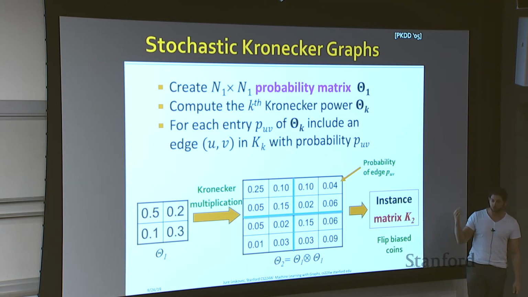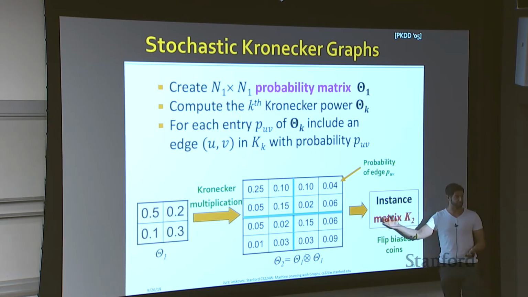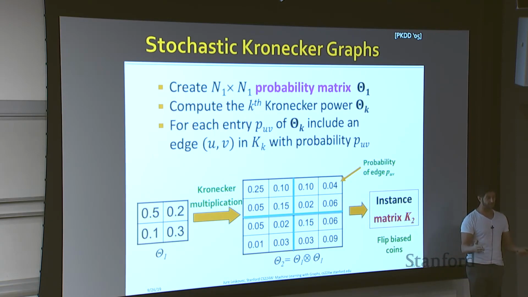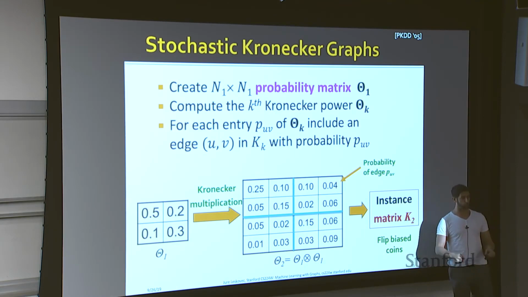Now, think about the network that Jure just presented like half an hour ago, the Microsoft Messenger. There we were talking about 100 million nodes, okay? So the whole selling point that I was making about the Kronecker graph was the fact that it allows you to generate very large networks and that you can parallelize that. But once we move to this stochastic model, now we have this shortcoming that you would have to perform too many coin flips in order to generate one instance of the graph. Yep. Question.